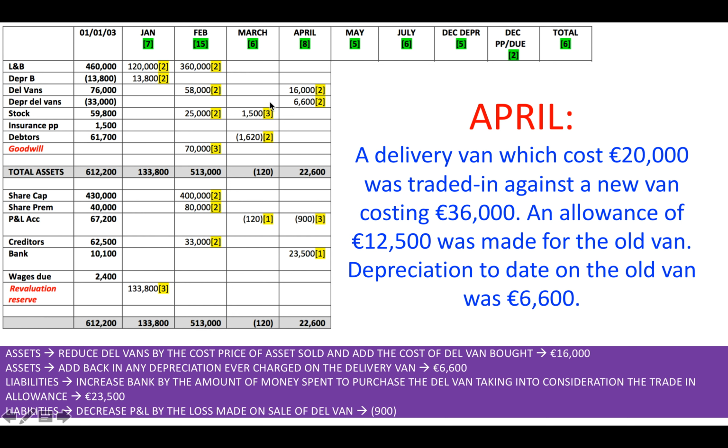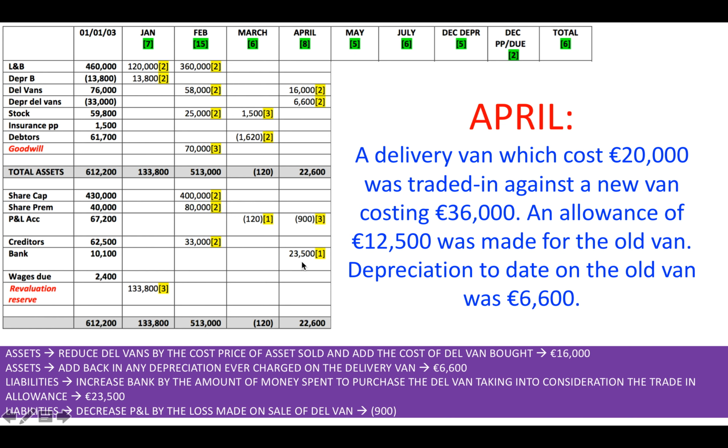So we add that back in because any time that we get rid of a fixed asset, we want to get rid of the depreciation that had been charged on that. Over here we see that's minus 33. So therefore, we want a plus 6,600 there to reduce the amount of the depreciation. So overall there, we have assets 22,600.